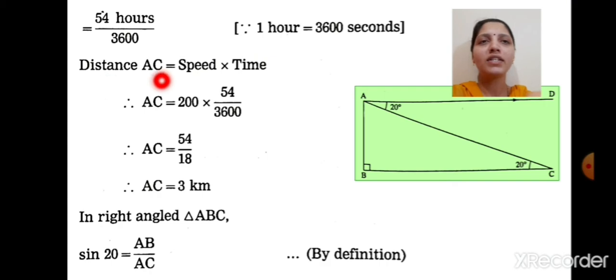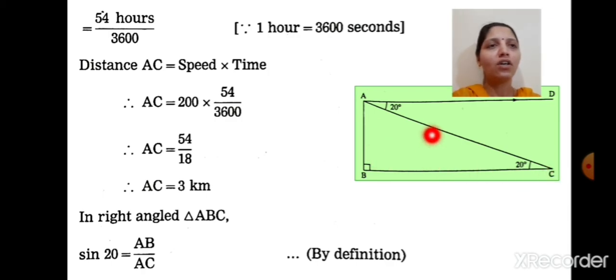Now distance AC is equal to speed into time. Therefore AC is equal to 200 into 54 upon 3600. Therefore AC is equal to 54 upon 18, that is equal to 3 kilometers. Now you have to consider this right angle triangle ABC.